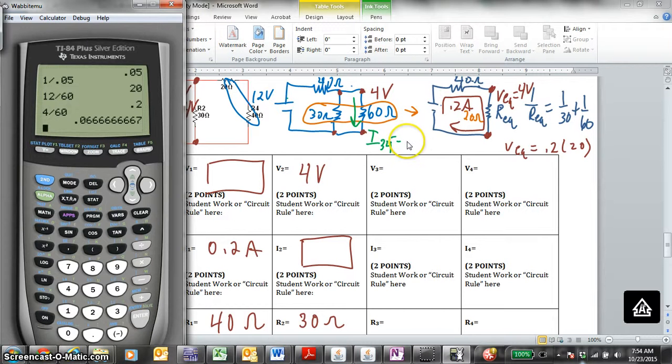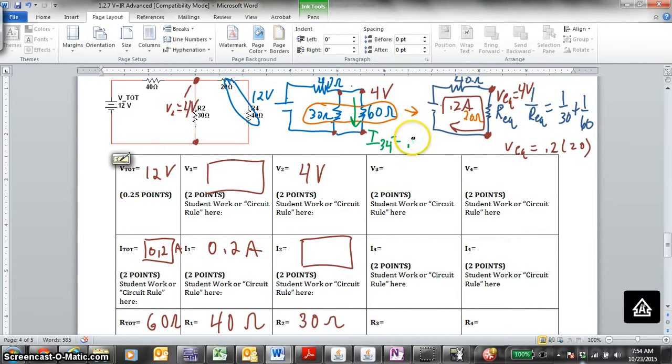0.067. So there's the current flowing through this wire, which is the same as this wire, 0.67 amps. So that would be your answer to these. Oh, I'm sorry, 0.067.